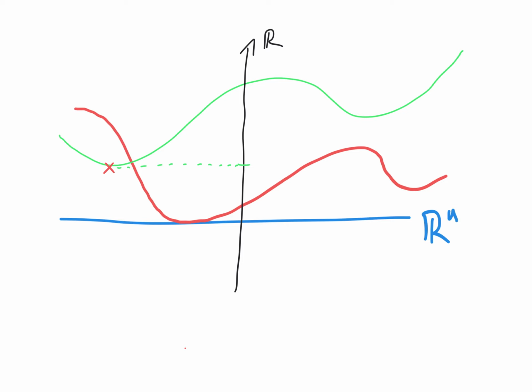So you could think of this as taking a line here, and then you go upwards. If I want to minimize this green function here, I go upwards until I hit the graph, right? And then I read off this thing here.